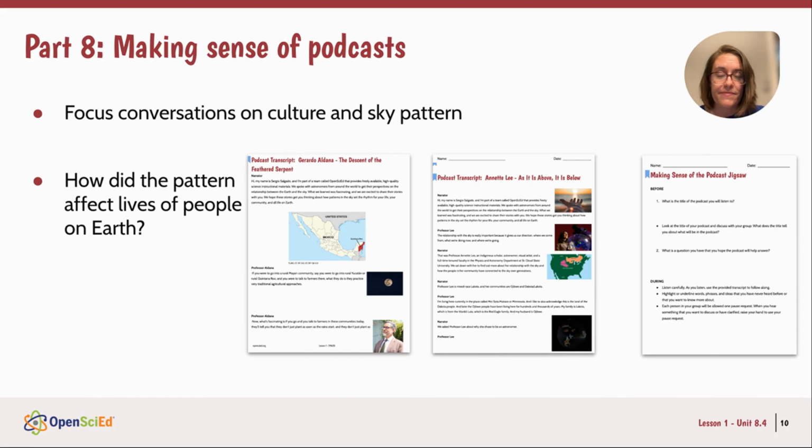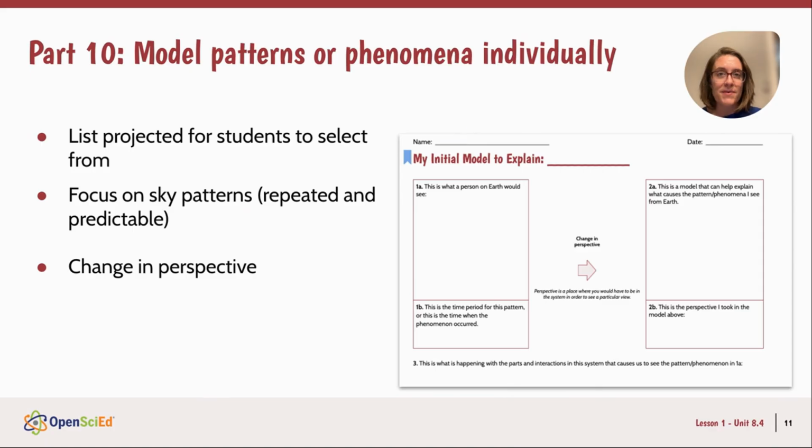What I really liked about this anchoring phenomenon is that when it comes to the initial model, it's a little bit different than students have experienced in all of the other units, that they get to pick out what they want to model, that they can pick any pattern from the podcasts or their own star stories.